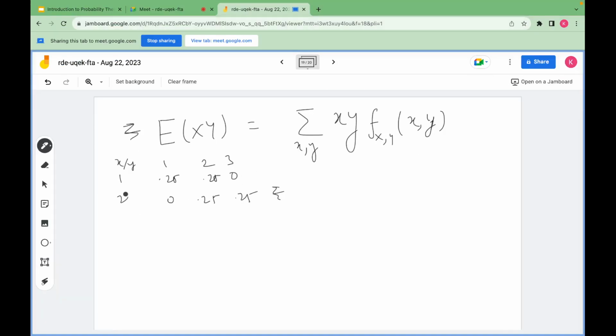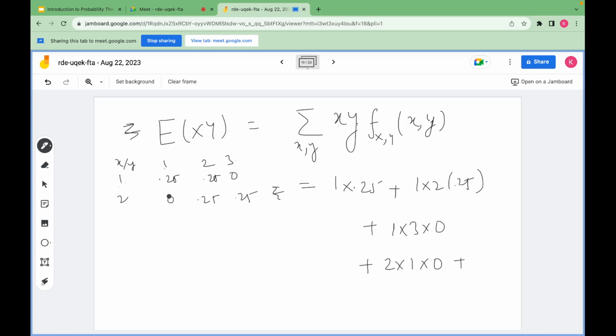So we can write for 1 comma 1: 1 into 1 into 0.25, plus 1 into 2 into 0.25, plus 1 into 3 into 0, plus 2 into 1 into 0, because this is x into y into the probability for that x and y.